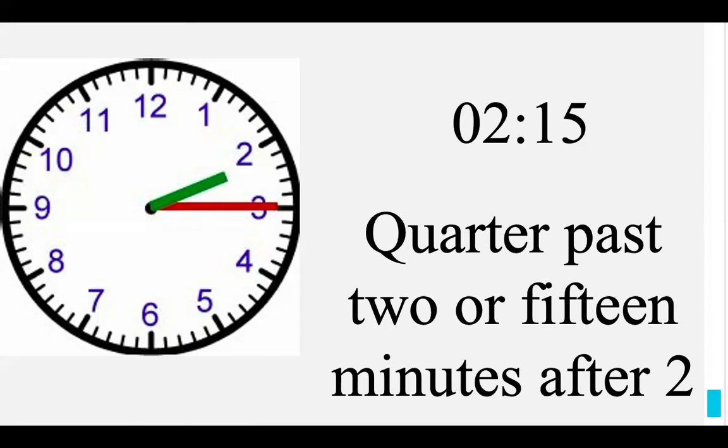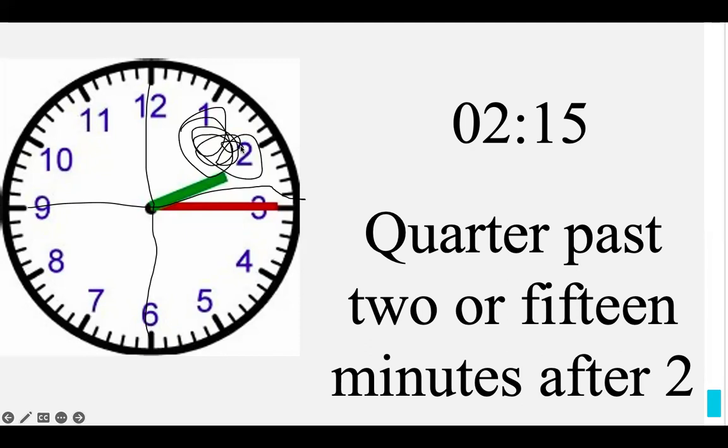So quarter past 2, because if you draw a line from 6 to 12, okay, if you draw this line, this is what? We can read this as a quarter, right?